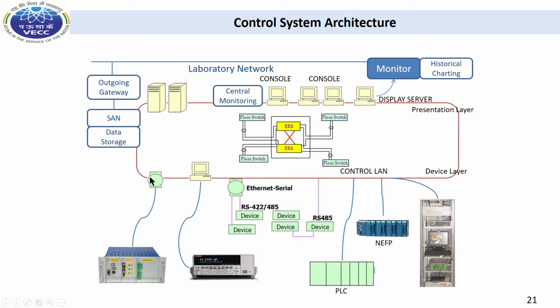All the DCS are connected using the control LAN. As a DCS, we have in-house made embedded systems, standard measurement devices with network connectivity, PLCs, and controllers with multi-drop serial connectivity, field point modules, etc.